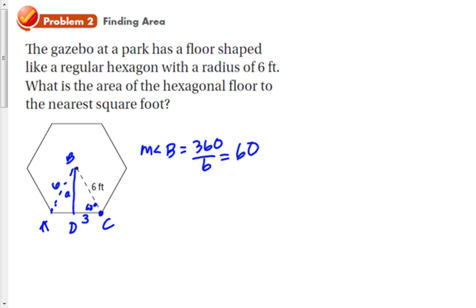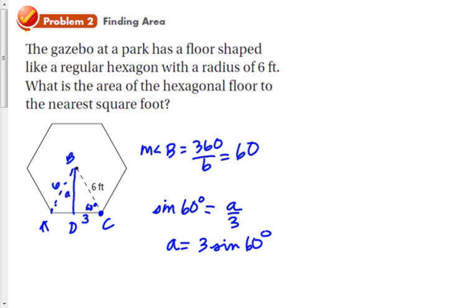So if we use trig again here, the sine of 60 degrees is equal to A over 3. And so A is equal to 3 times the sine of 60 degrees.